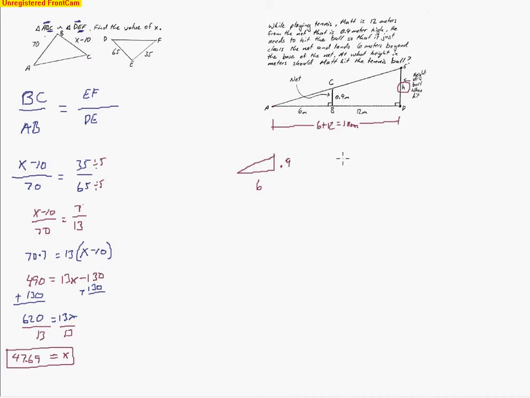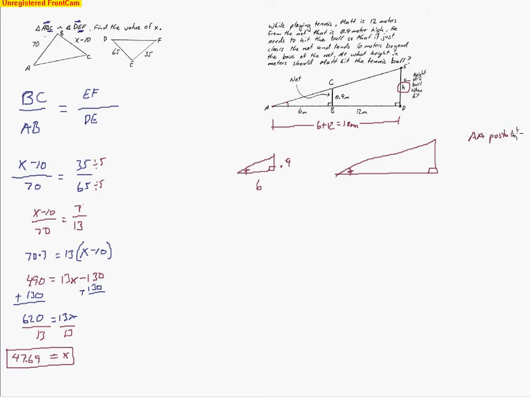Then we've got another triangle that's similar, and the reason it's similar is because they have some angles in common. They both have a 90-degree angle here, and they share this angle right here. We don't know what it is, but we know it's the same angle. BAC is the same as DAE. So I know these are similar triangles due to the angle-angle postulate.